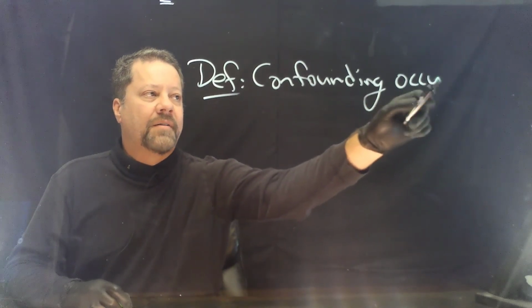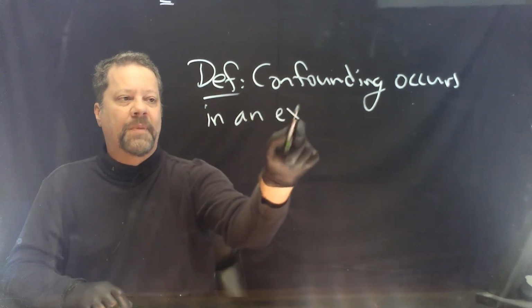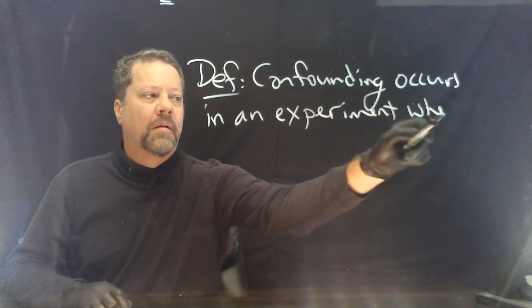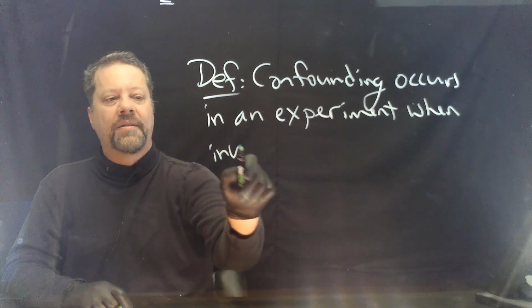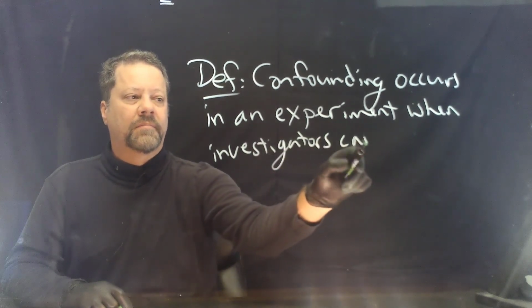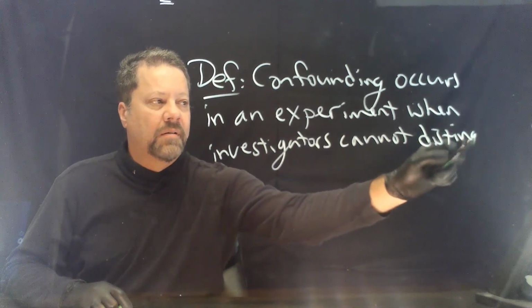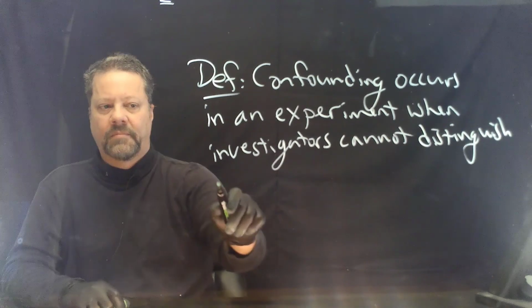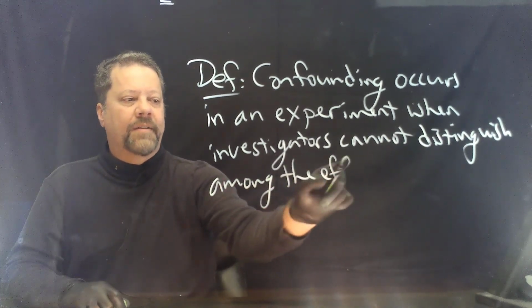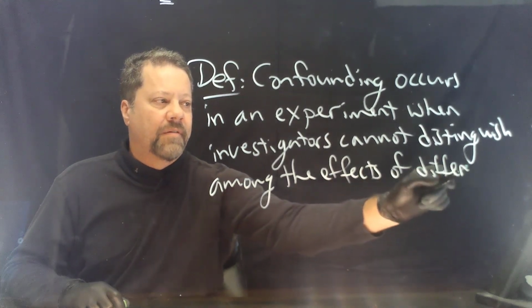Confounding occurs in an experiment when investigators cannot distinguish among the effects of different factors.